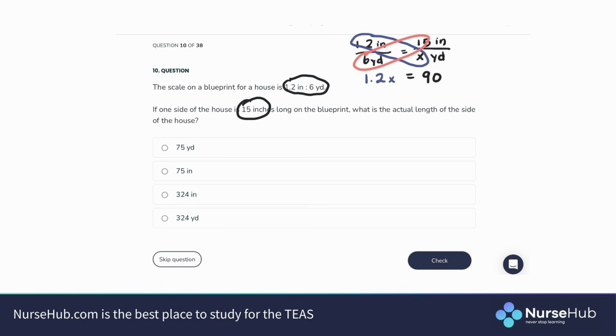So now we're going to divide both sides by 1.2. And we are left with x is equal to 75. So we know that this is 75 yards. Be careful because this one says inches. So our correct answer is 75 yards.